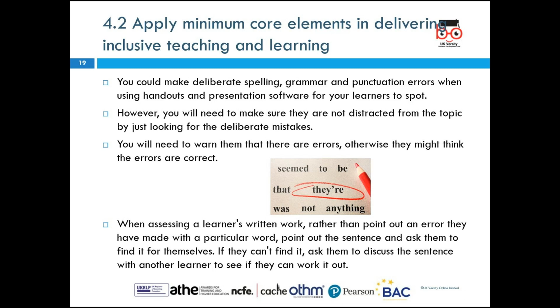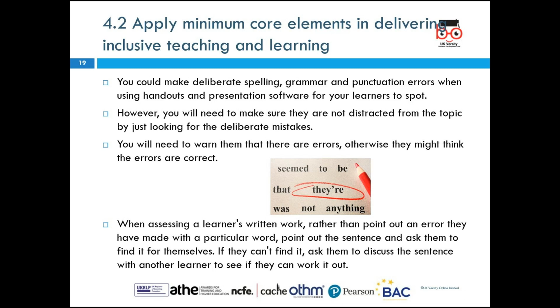Now, this is more for when you're looking at homework, especially, or you're looking at students' classwork. Look at their work, look at their written work, and if there's any errors that they've got on a particular word, point that sentence out to them. Don't fix it. Don't tell them what it is. Say to them, there's a mistake here in this sentence. Can you find it? Can you fix it?